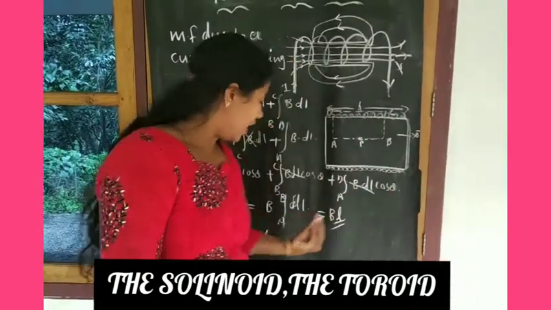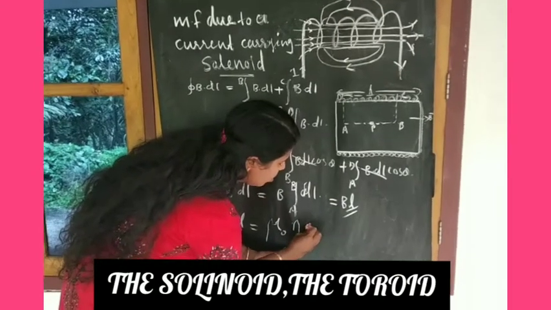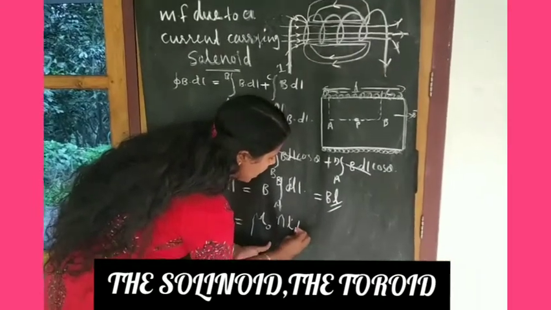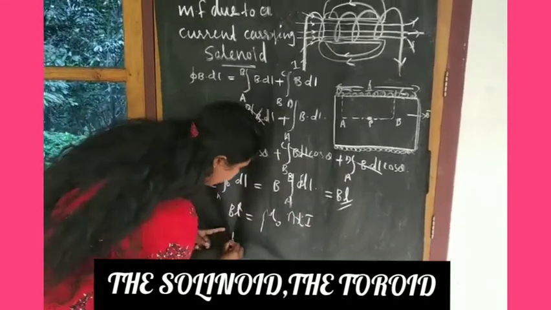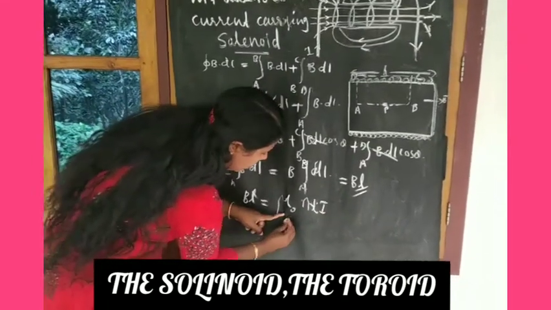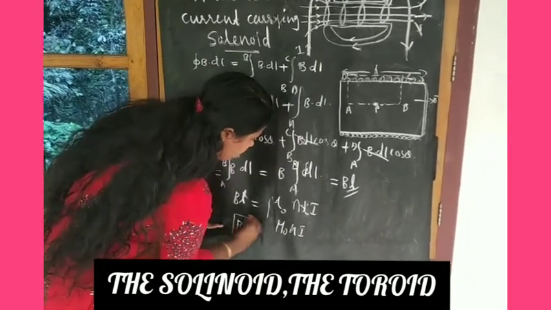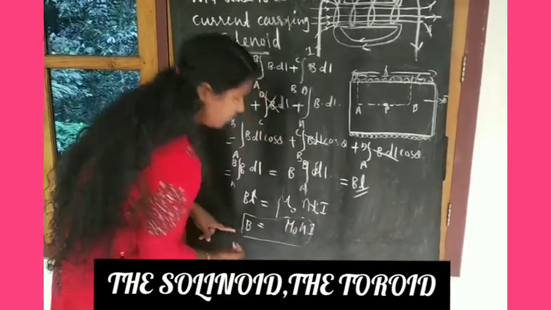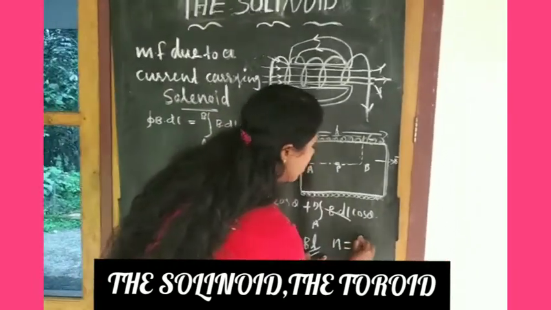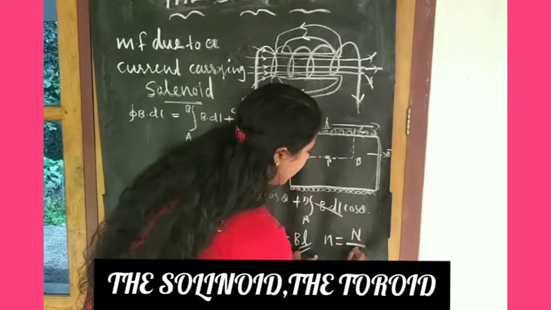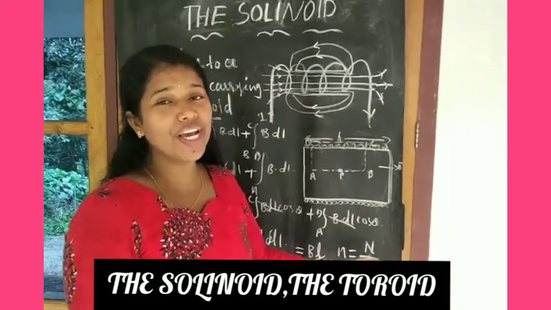In this case the current is n into L into I. Then L cancels, and we get B is equal to mu naught n I. Here small n is equal to capital N divided by L, that is the total number of turns of the solenoid divided by length.